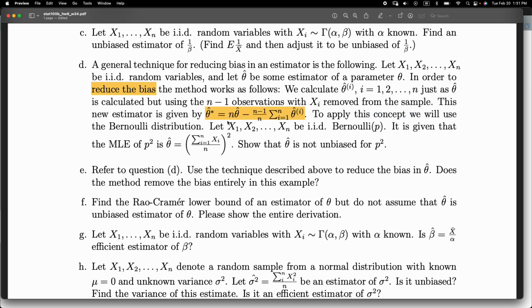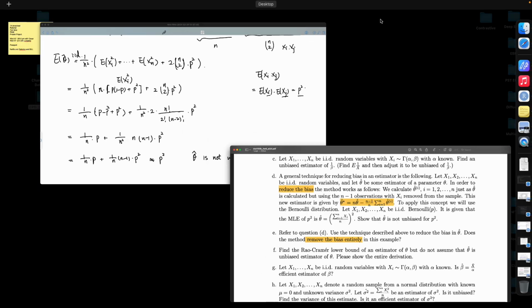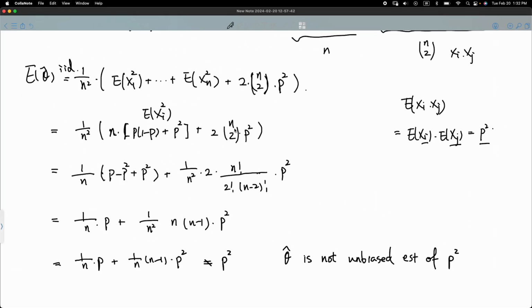And then they want to use this estimator. Our goal is to see whether the expected value of theta star is equal to p squared, and whether we are able to reduce the bias entirely. So here, maybe someone else proposed another estimator called theta hat star, and they want to see whether this is equal to p squared.